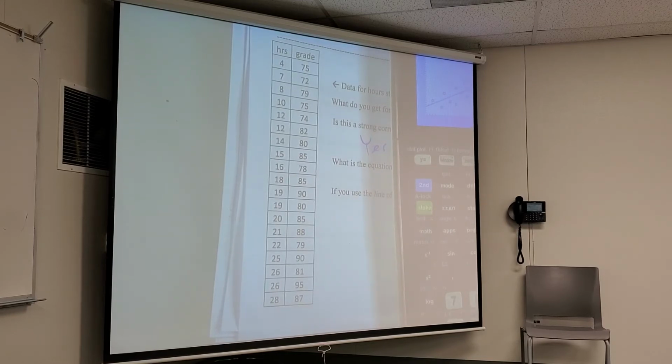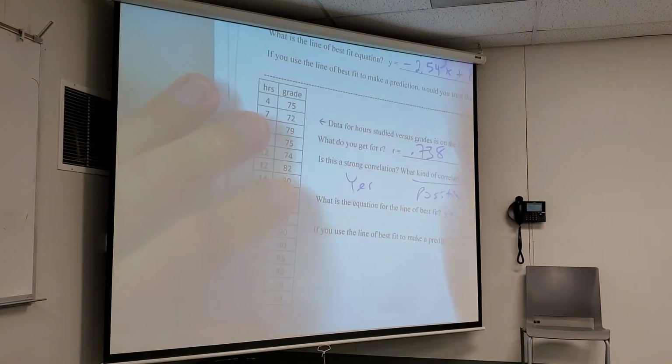Is 11 hours studied in the data? No. But it is between the lowest and highest, right? So what grade would I predict if somebody did 11 hours of studying?